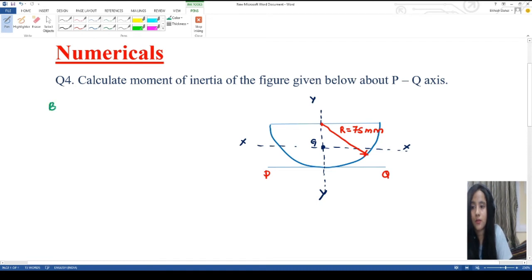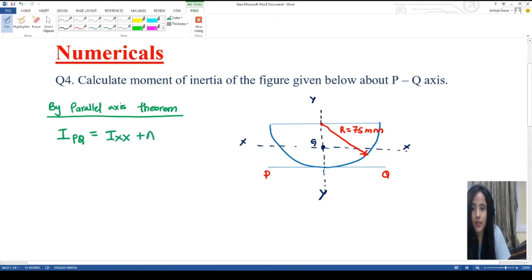So by parallel axis theorem, moment of inertia about PQ will be equal to IXX plus AH square.